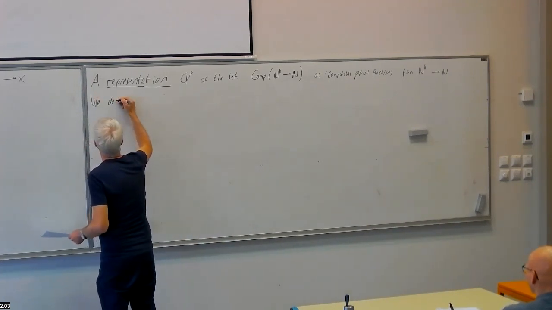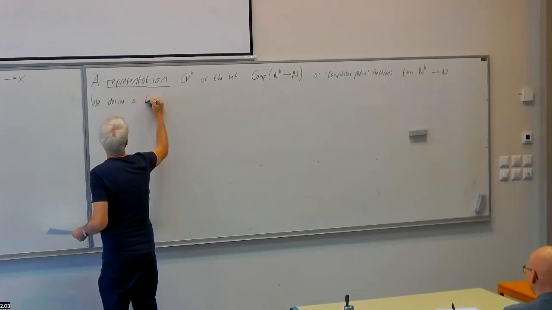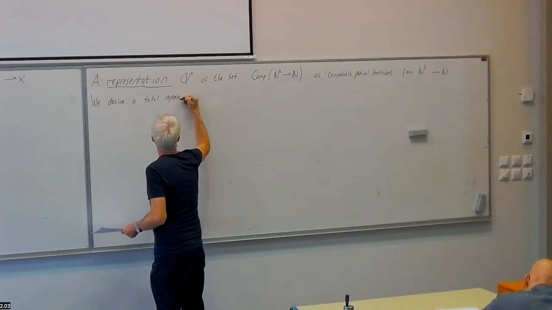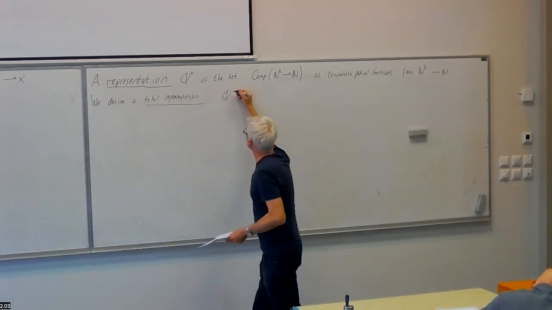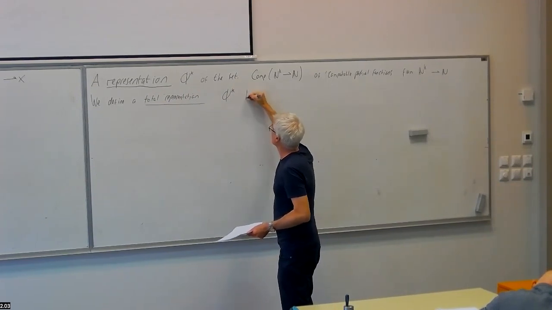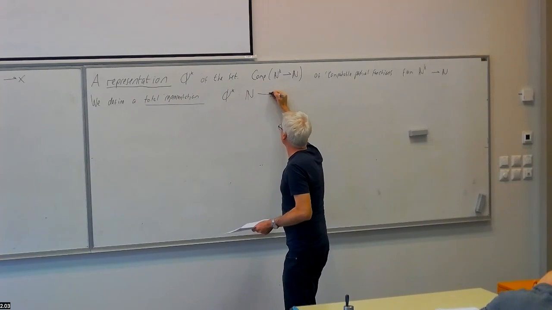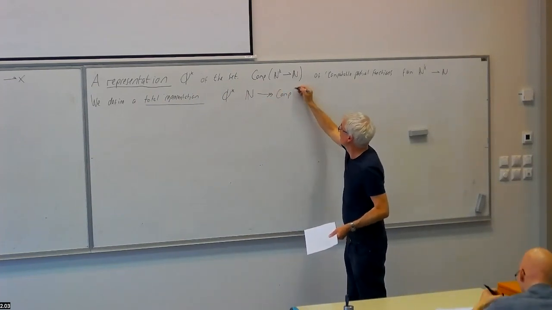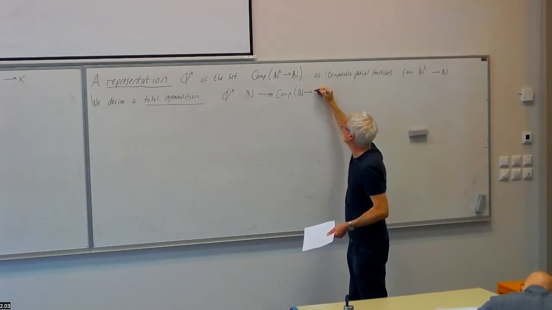We define a total representation. So phi sub k, which goes from N, keep the double arrowhead saying it's surjective, onto computable partial functions.